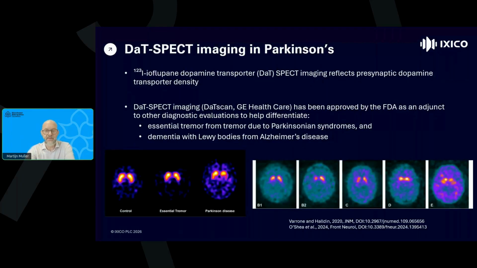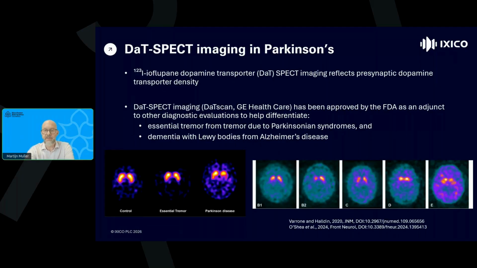Dopamine transporter SPECT imaging assesses presynaptic dopamine transporter availability and has become quite an important diagnostic adjunct. It's currently approved to help differentiate Parkinsonian syndromes from conditions such as essential tremor, and is one of the few imaging biomarkers with broad clinical acceptance.